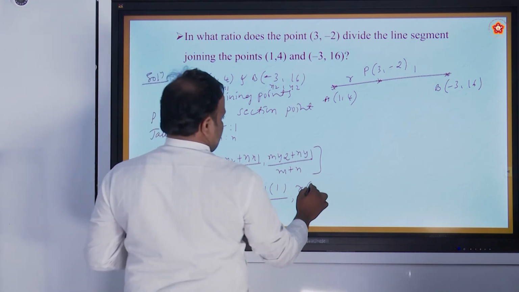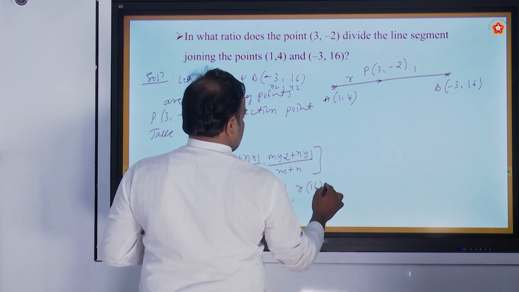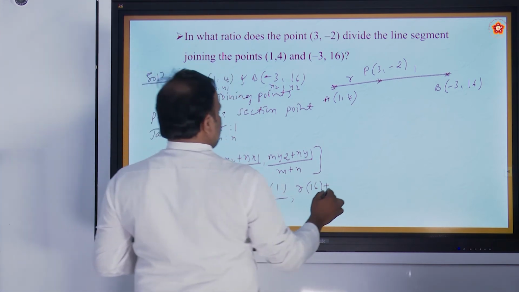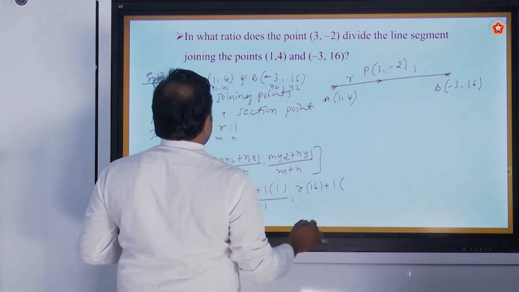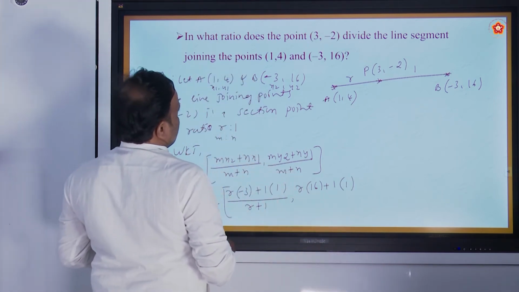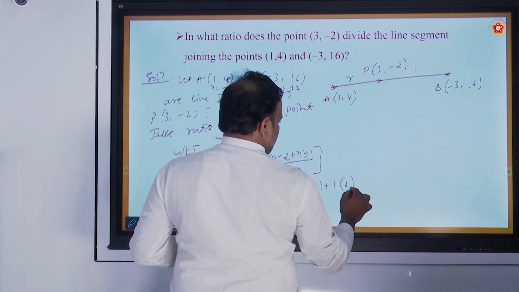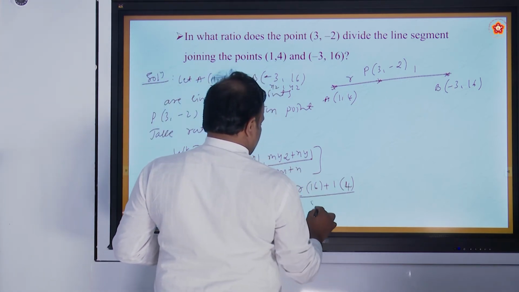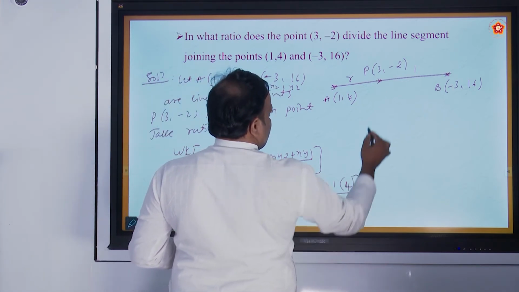m is nothing but once again r, y2 is nothing but 16. Next plus n is nothing but 1, y1 is nothing but, not 1, y1 is nothing but 4, by r plus 1. Okay.